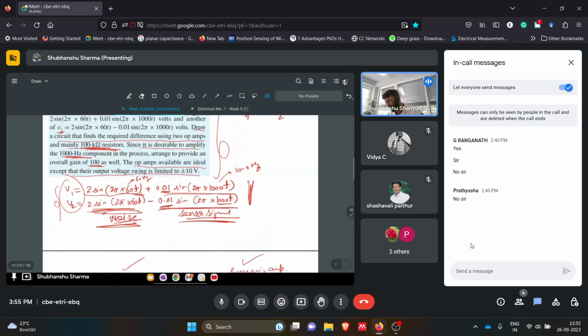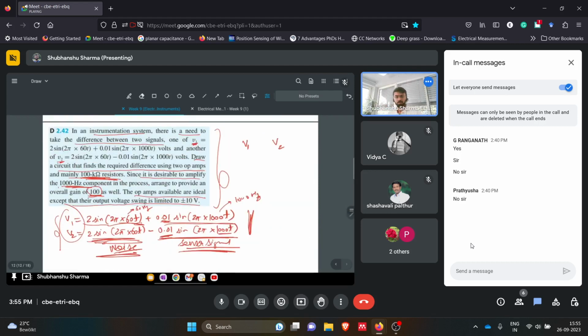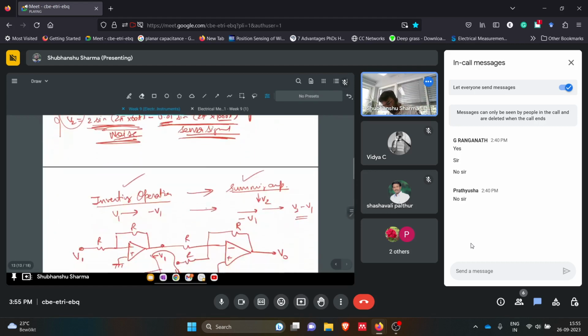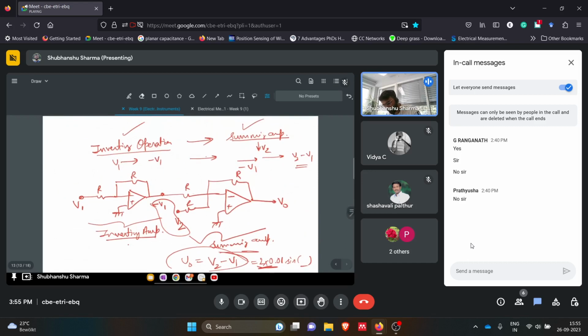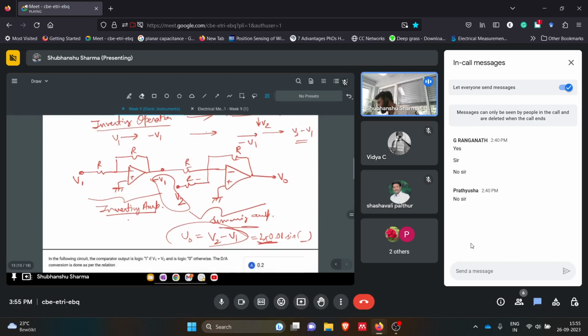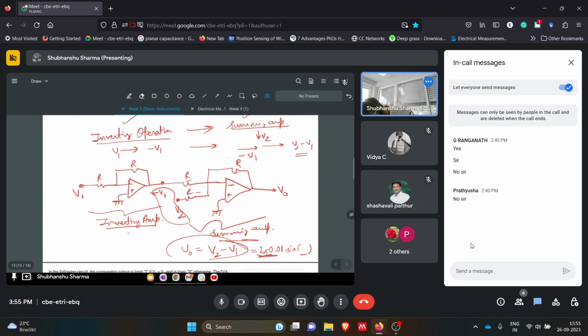What is the constraint? We need a gain of 100. How can we achieve that? Since this was R, that's why I cancelled that. We can achieve that if we use 50 times R, or we use 50 resistors in series with this.